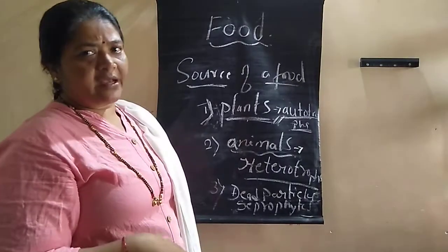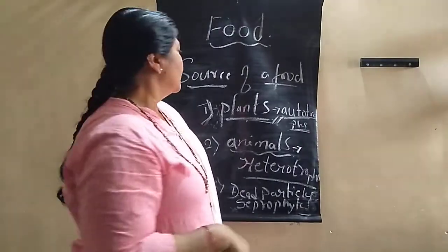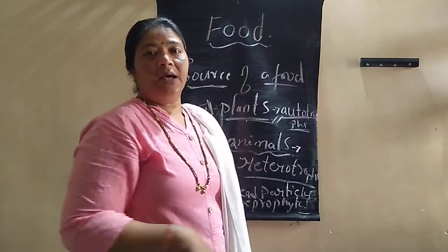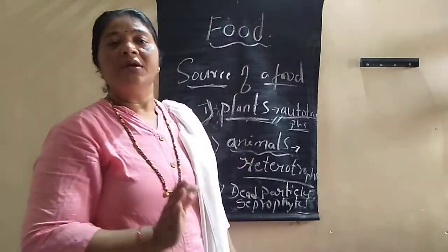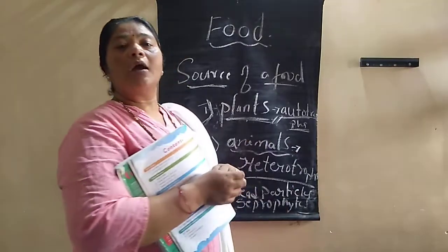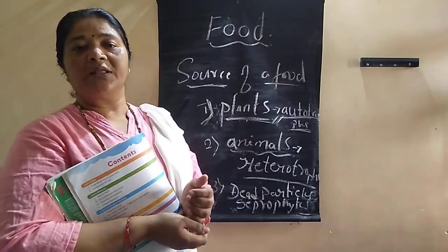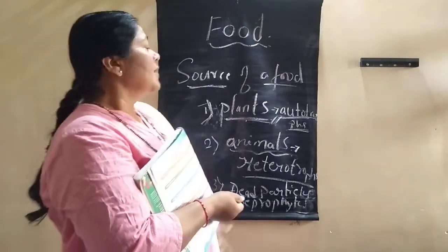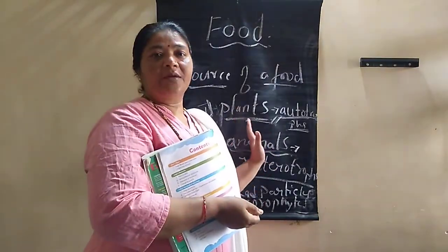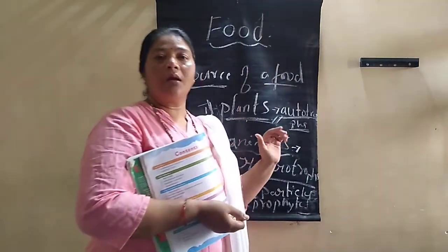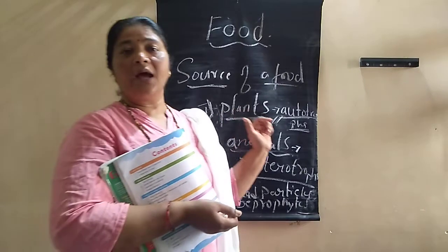What is today's activity? You have to differentiate the animals which prepare food and those which do not prepare food and depend on other animals. Take an A4 sheet and categorize the plants and the animals which depend directly on plants, and those which do not depend on plants but eat animals.